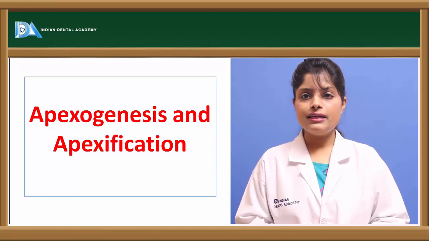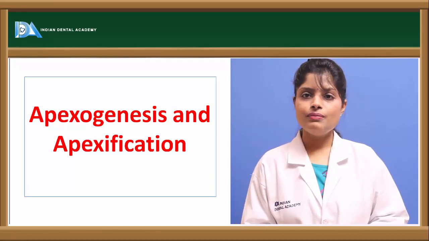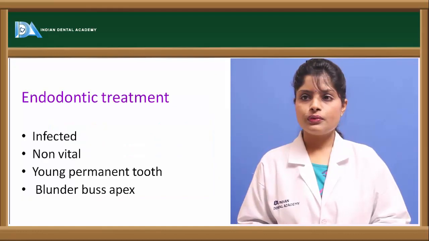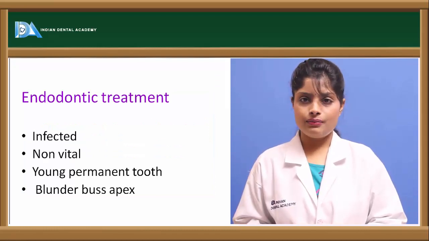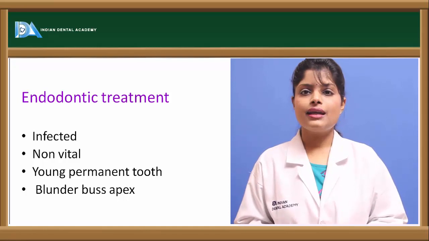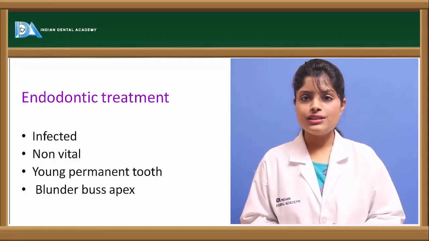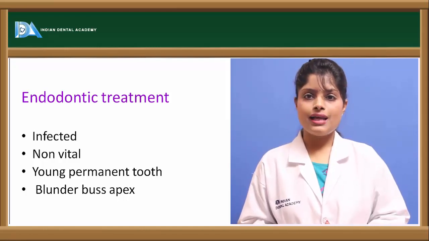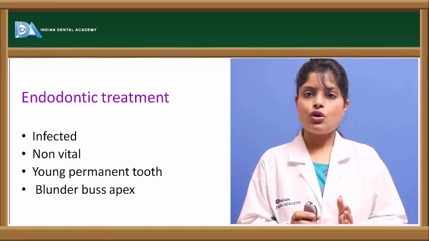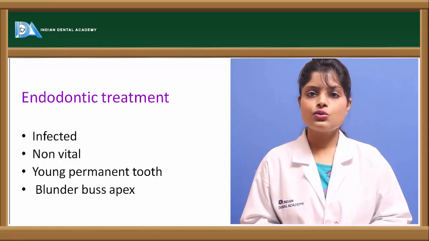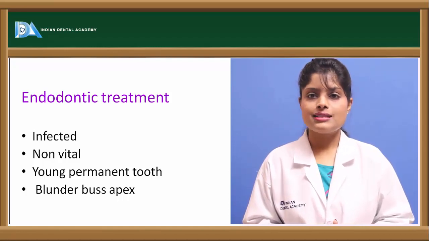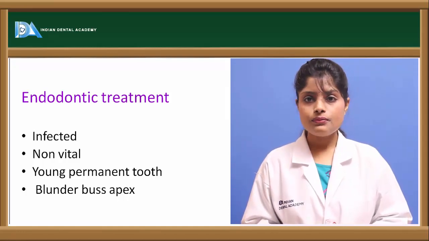The incompletely formed roots can be divided into a blunderbuss canal and a non-blunderbuss canal. Now what is a blunderbuss canal? If the root canal is funnel shaped, that is, the coronal part of the root is narrower whereas the apical part is wider, it will be called a blunderbuss canal.